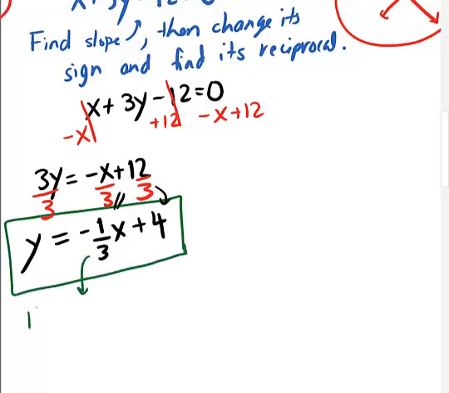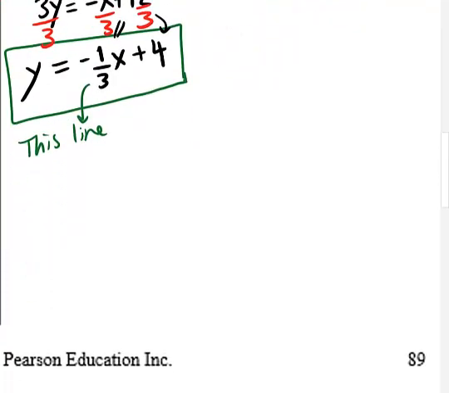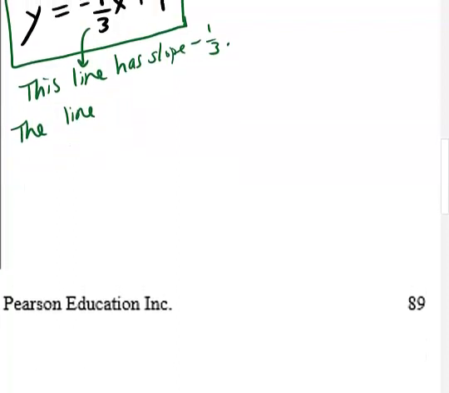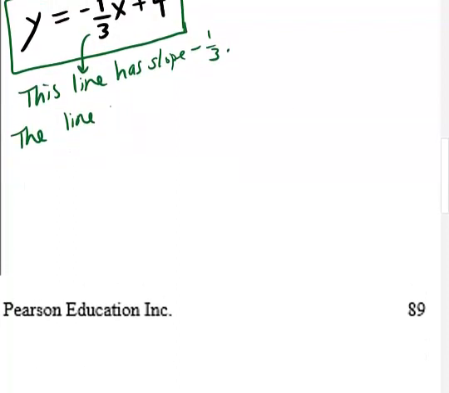So this line has slope negative 1/3. But the line I want, and of course when you're doing this problem on an exam or something, you don't have to write all this reasoning out. This is kind of what's going on in my brain. This line has slope negative 1/3. The line I want, or the one I'm supposed to find, should have opposite slope.